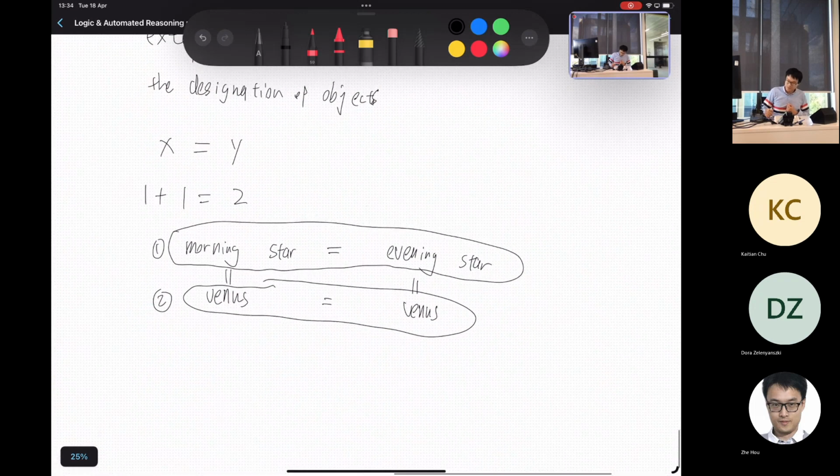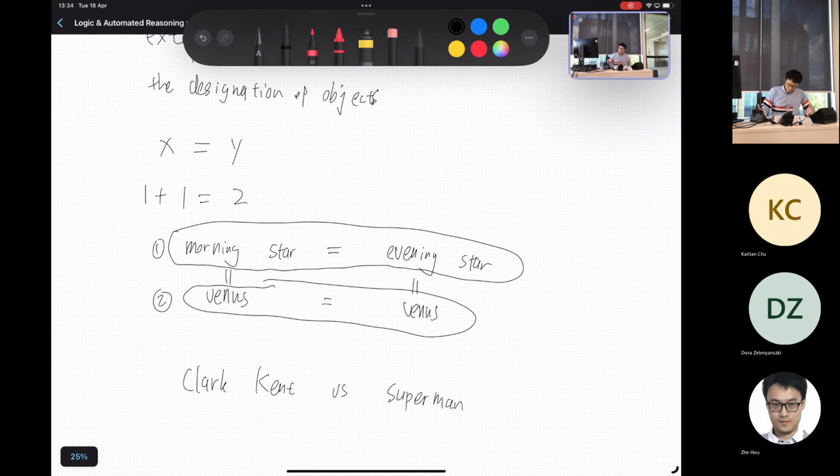So it's a very classic example to illustrate the difference between mathematics and English. And there's an even better example, but it gets too complex and too philosophical. The other example is called Clark Kent versus Superman.